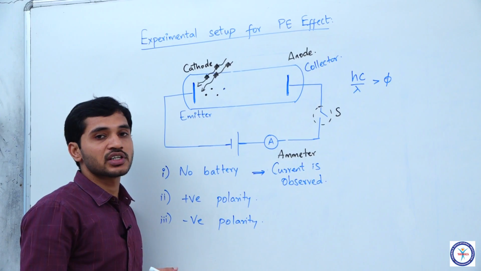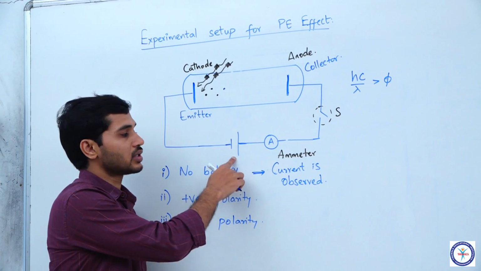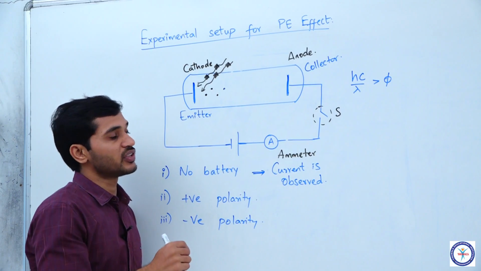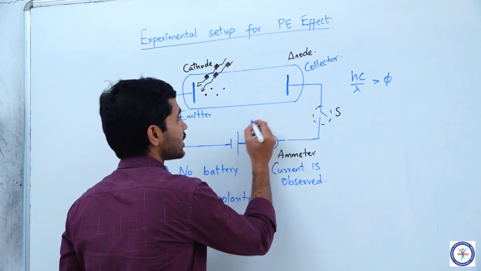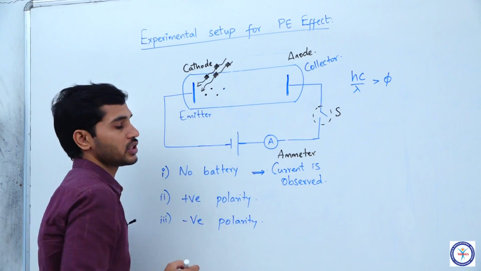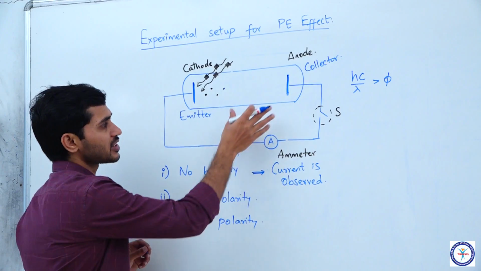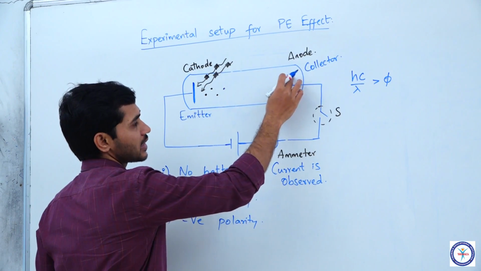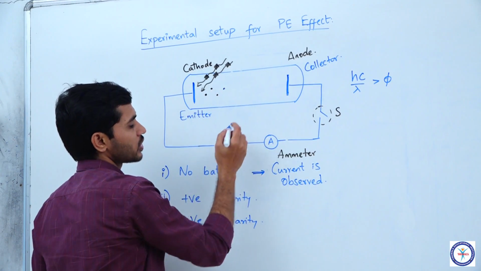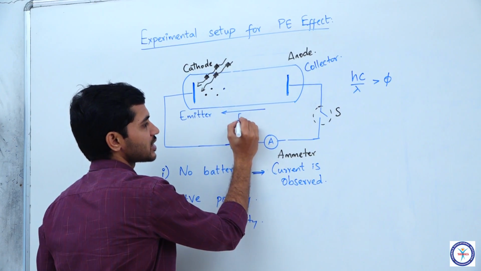We have discussed earlier that by connecting a battery in this particular way, with this polarity, we are connecting this to the higher potential and this one to the lower potential, as you can see. As a result, this one is at higher potential and this one is at lower potential, because of which an electric field is established here.